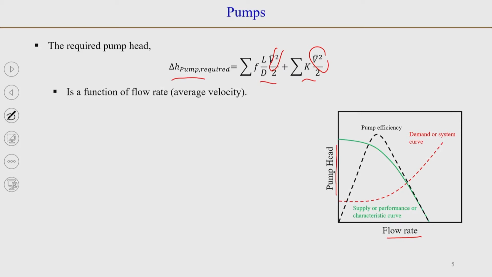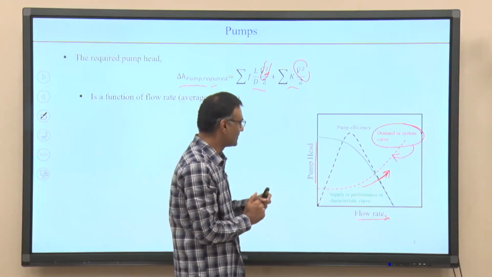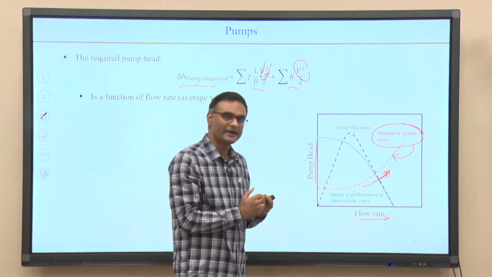So, this red curve here shows the demand curve. That means, as the flow rate or the velocity increases, the head required increases. As you can see from here, when the flow rate is increasing, the head required is increasing. So, that is the required head.